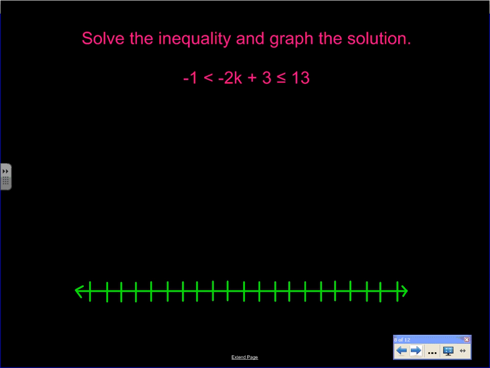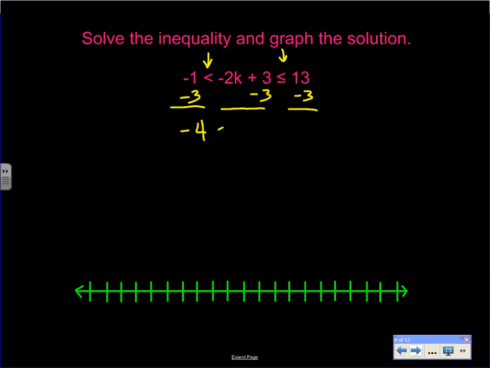So how are we going to get k by itself? Well, if we look, we have to subtract 3. If we subtracted 3 on the left side of that inequality, we have to subtract 3 on the right side of that inequality. So let's go ahead and work this out. -1 minus 3 is -4.